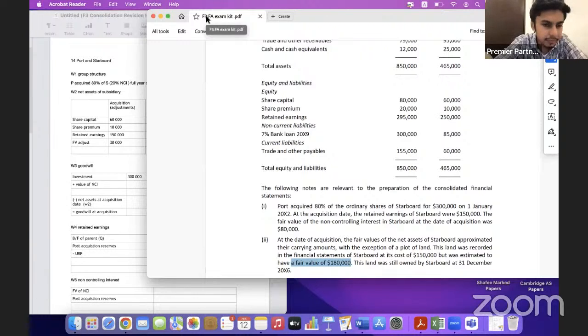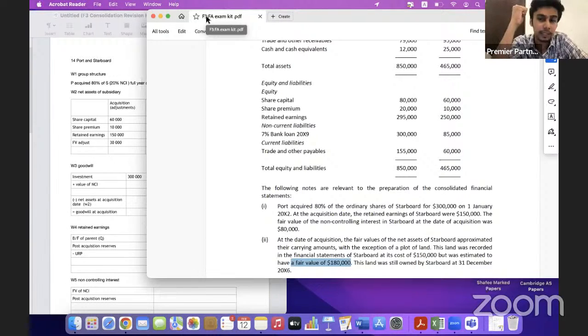Normally, guys, at this level, it's non-current assets. When you go to the next level, there are some more things, but at this level, it's non-current assets. When the non-current asset value increases compared to the market value, that's what we call fair value adjustment. So first you get the answer. 150 land went to, sorry, 180. So therefore, there is a 30,000 increment.